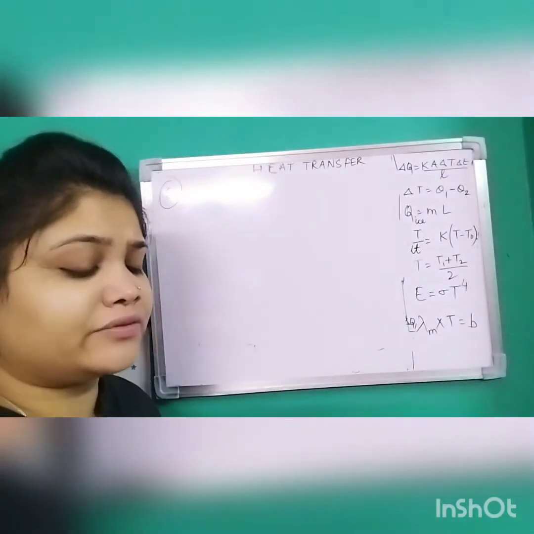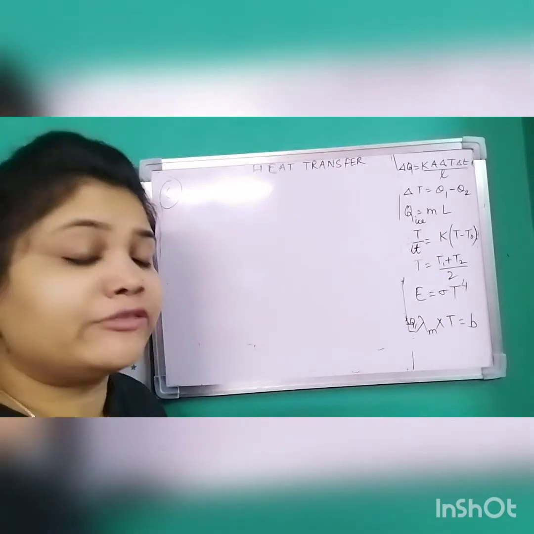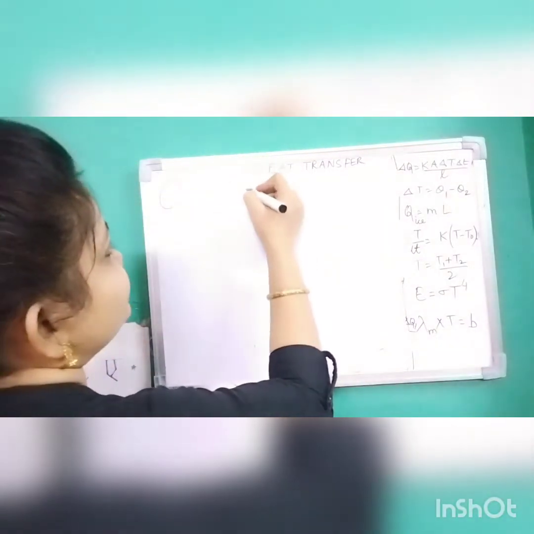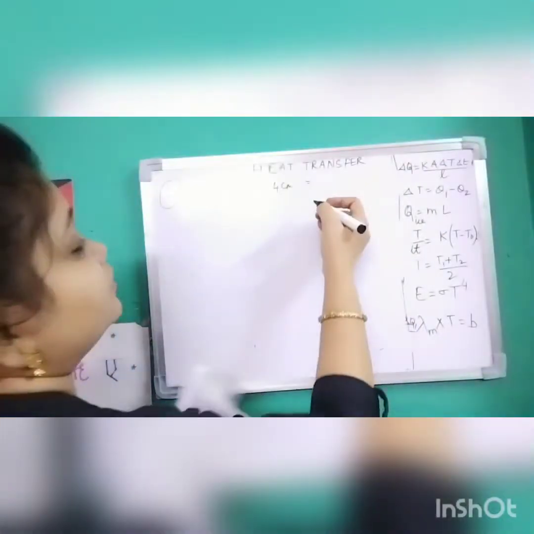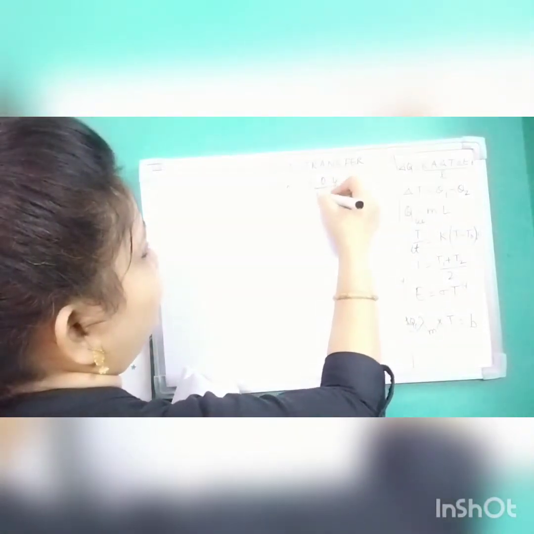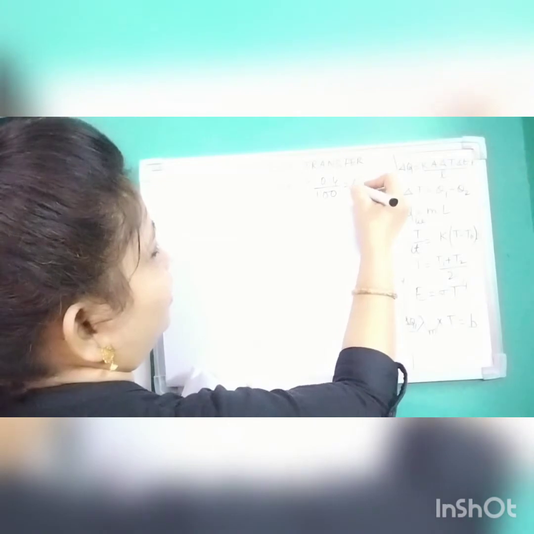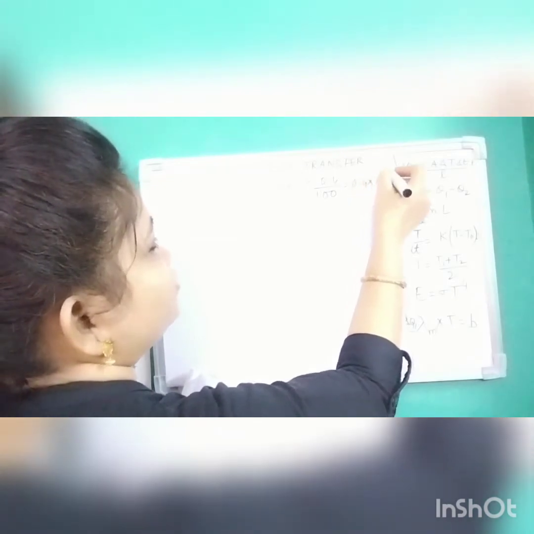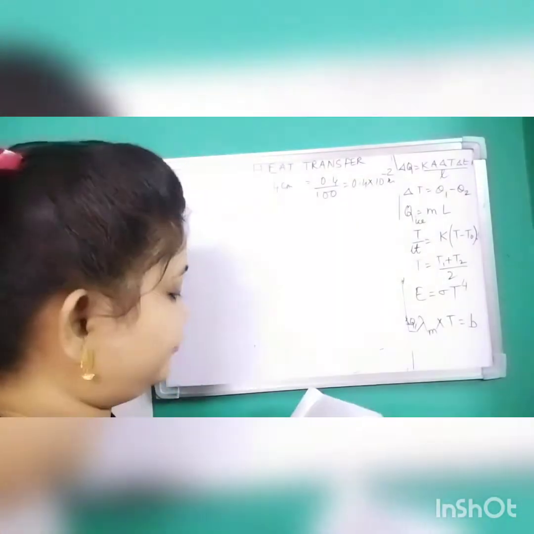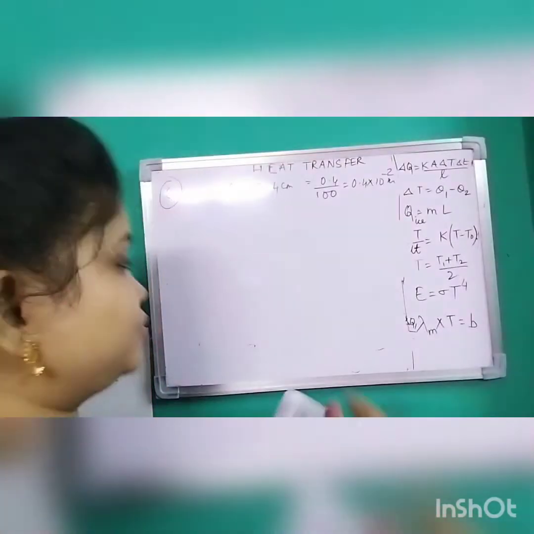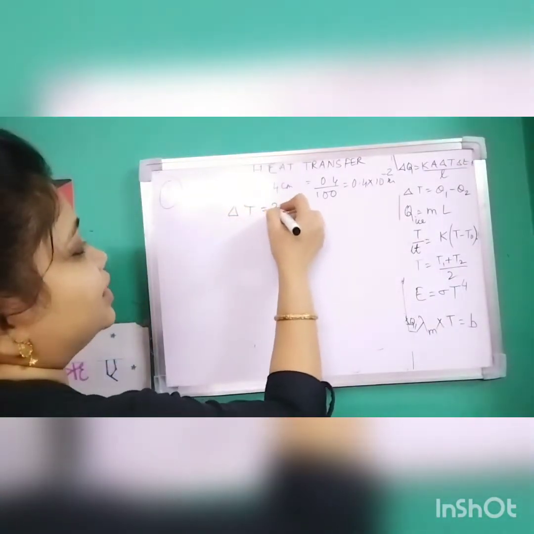The thickness of a sheet of nickel is 0.4 centimeter. That means L is 0.4 centimeter. As we always do, we convert it into meter: 0.4 by 100, which I can write as 10 to the power of -2 meter. Next, the temperature difference between its two faces is 32 degrees. Very good, delta T is given as 32 degrees centigrade.